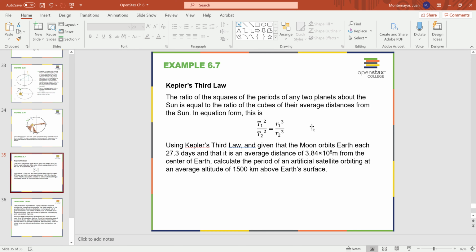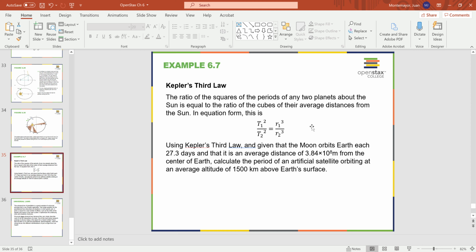Okay, so example 6.7, we're going to talk about Kepler's third law. The ratio of the squares of the periods of any two planets about the sun is equal to the ratio of the cubes of their average distances from the sun. In this equation, T1 squared over T2 squared equals R1 cubed over R2 cubed.